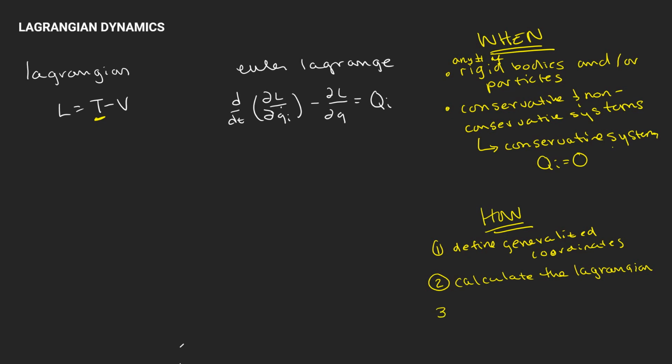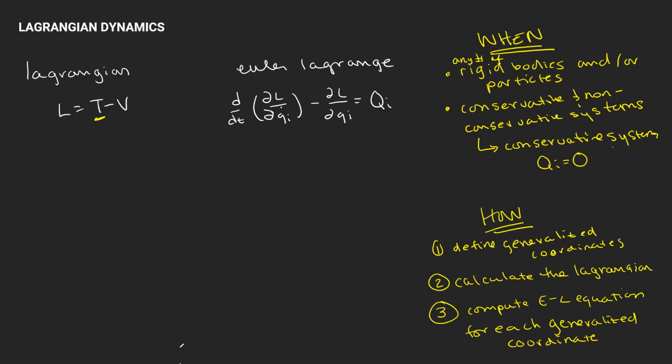And then lastly, you're going to compute the Euler-Lagrange equation for each degree of freedom, or sorry, for each generalized coordinate. Right, so you have this q sub i, oops, actually I was missing a subscript here too.